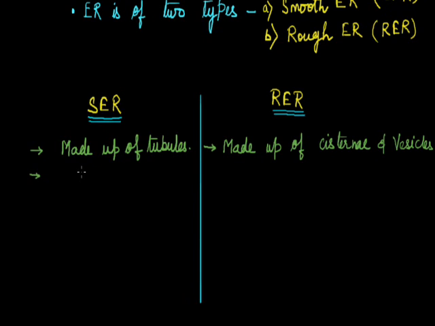Regarding the presence or absence of ribosomes, in case of SER, the ribosomes are absent. As I have explained earlier, the tubules of which the SER is made don't have ribosomes on their surface. In case of RER, since it is made up of cisternae and vesicles, ribosomes are present. And due to the presence of ribosomes, the appearance of the endoplasmic reticulum becomes rough. Therefore, it is known as rough endoplasmic reticulum.